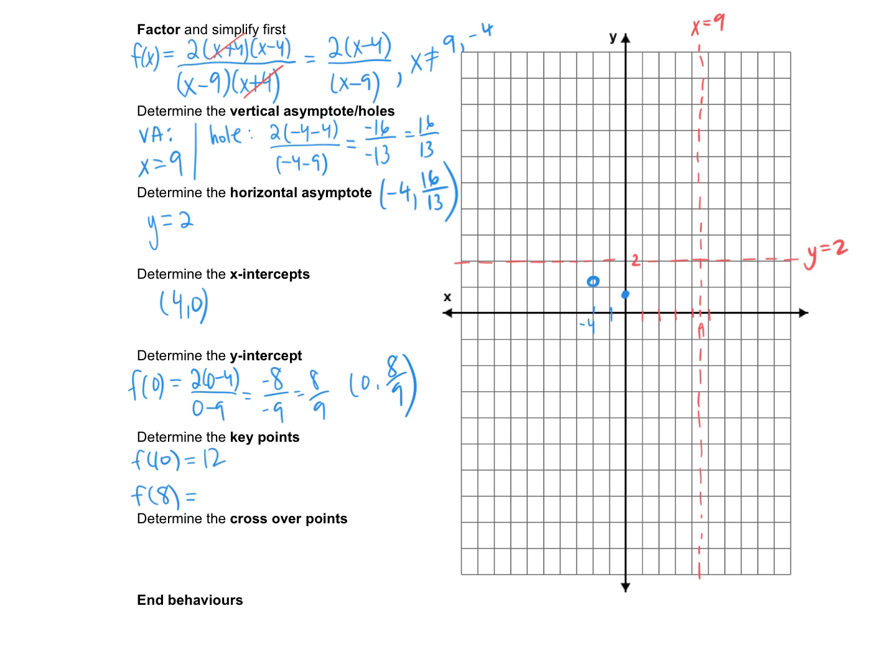So 10 comma 12, that goes off my grid, but I will keep in mind that it's going to be somewhere in the positive region. And then f at 8, so 2 times 8 minus 4 over 8 minus 9, and we get negative 8. And this one will fit.